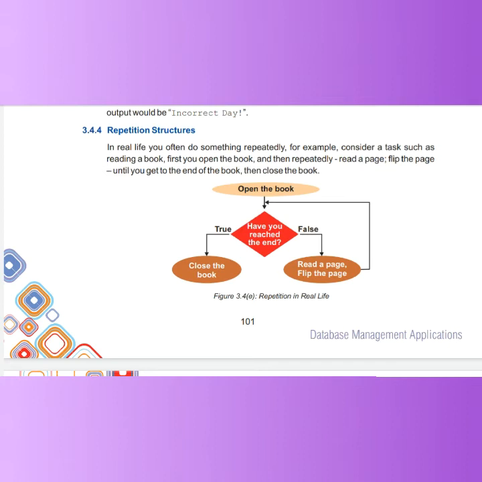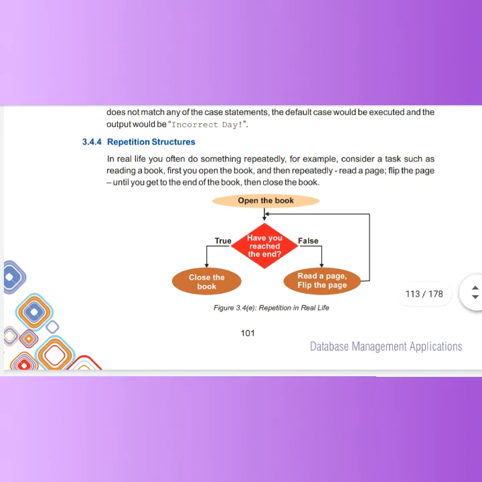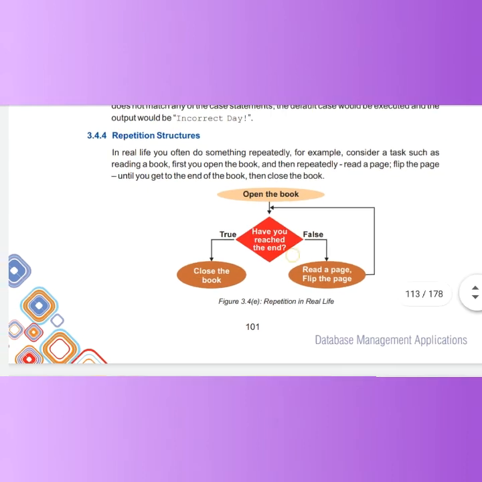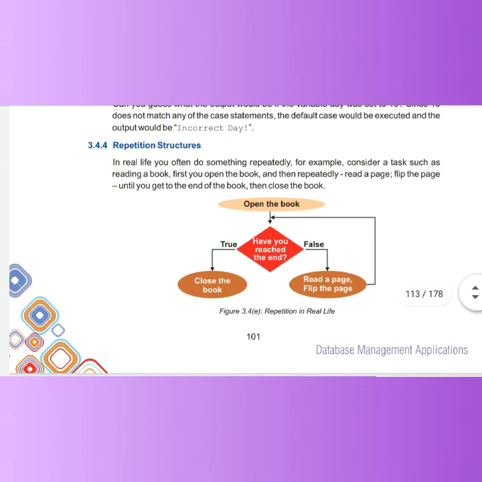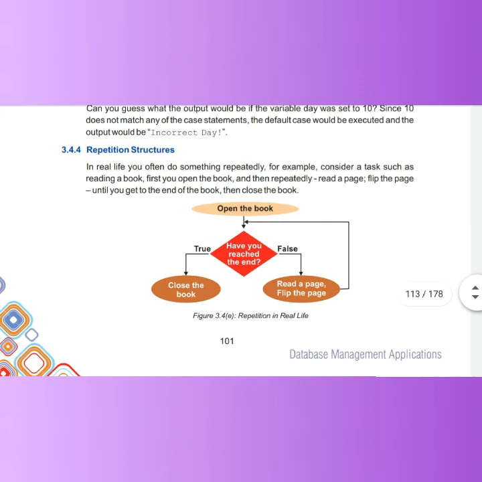So now the condition is, after you have opened the book, have you reached the end? Based on this condition there are two cases, maybe you have reached the end or maybe you have not. If you have reached the end of the book, then you will close the book.